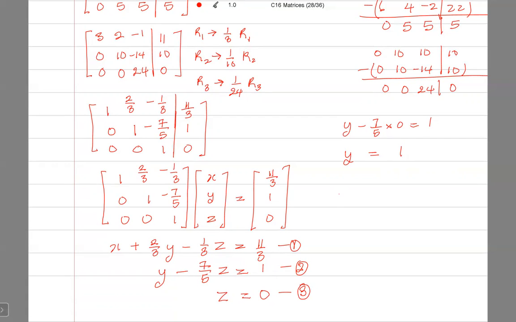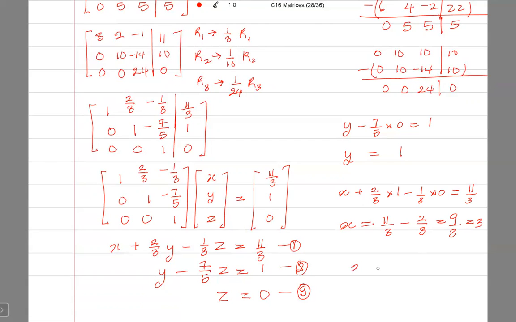We have x plus 2/3 times 1 minus 1/3 times 0 is equal to 11/3. So we're going to get x is equal to 11/3 minus 2/3, which is 9/3, which is 3.